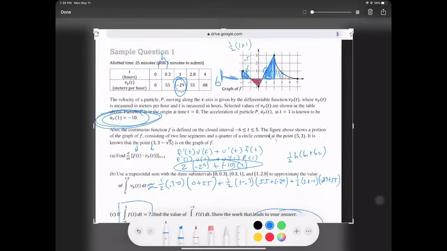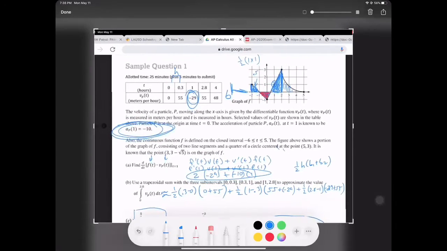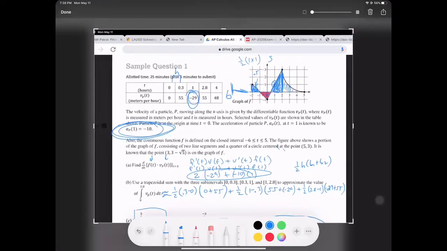Okay. So let's write that out. The integral from negative 2 to 5 of f of t dt is going to be a triangle, which is 1/2 base times height, minus, that's going to be 1/2 because it's a triangle, the base is 1.5 and the height is 1.